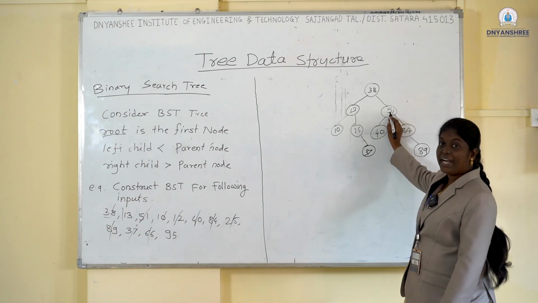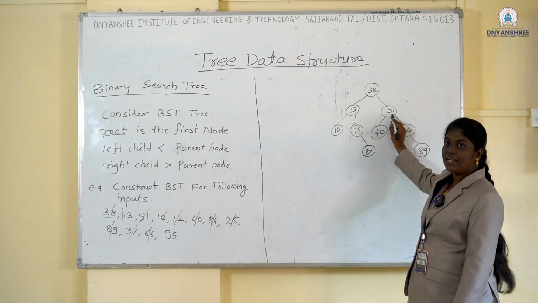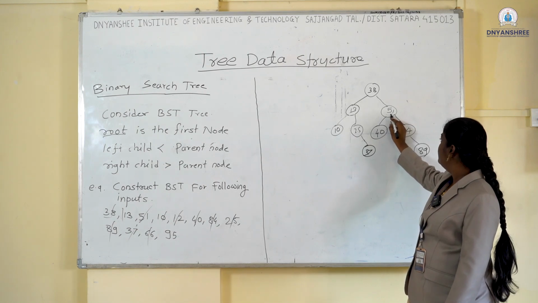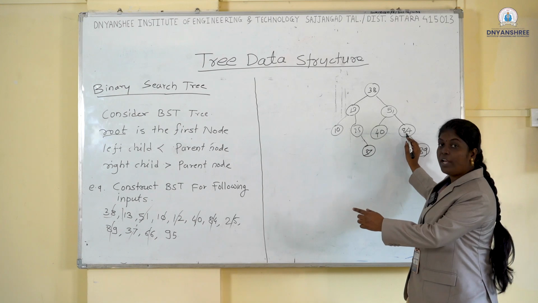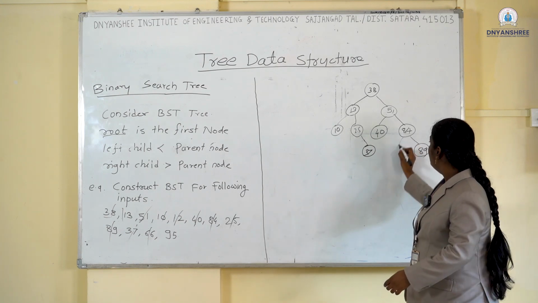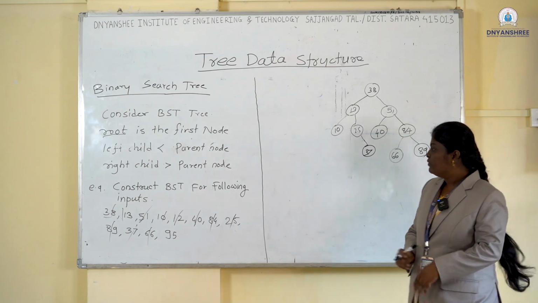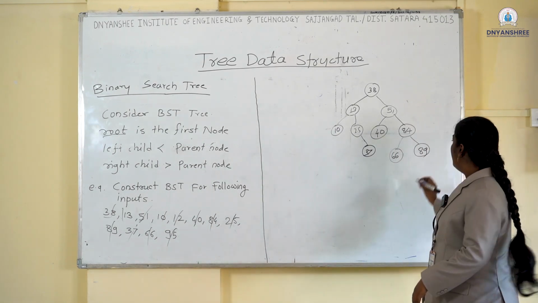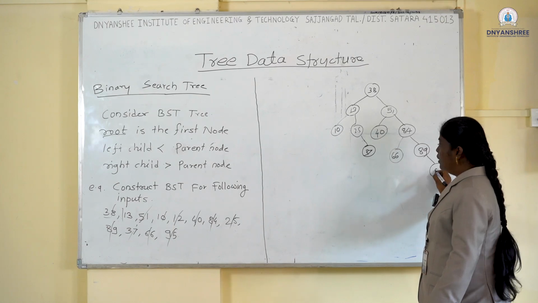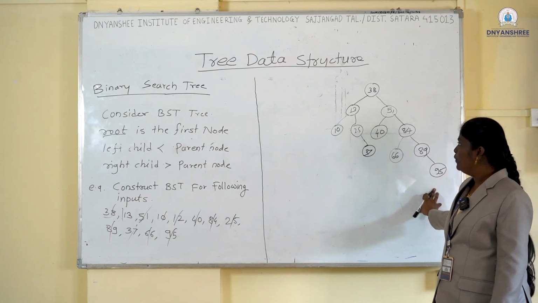Here we compared, then it becomes the right child of 51, but the right child is already there, that is 84, and the next value is 66. So what will we do? We'll just make it the left child of 84. And the last one is 95. We can easily guess the position for 95. 95 will become the right child of 89.